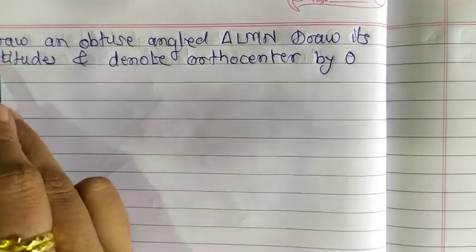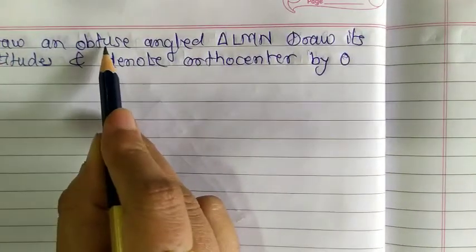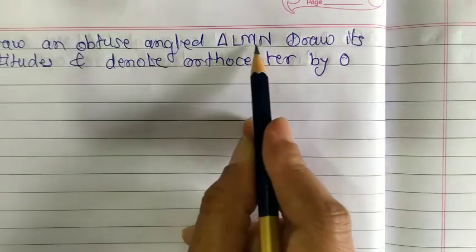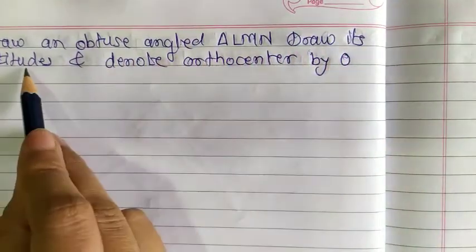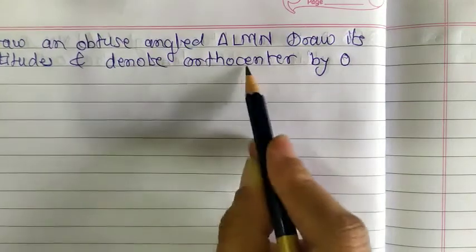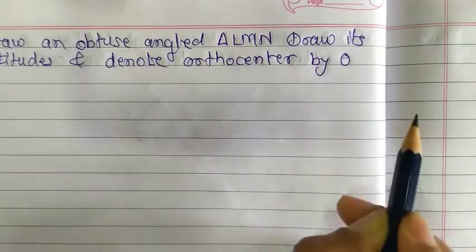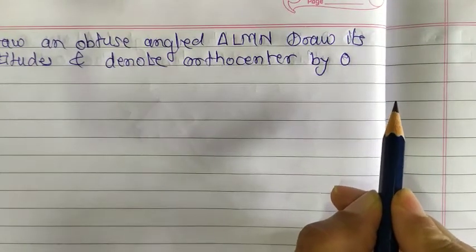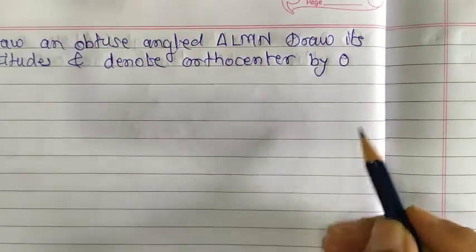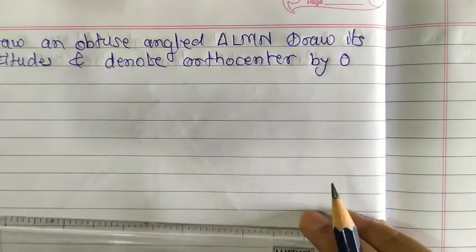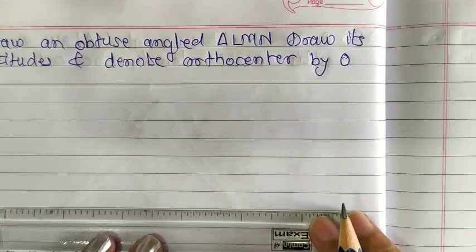Activity number 2, question number 4: draw an obtuse angle triangle LMN. Draw its altitudes and denote the orthocenter by O. Let us draw the obtuse angle triangle LMN.